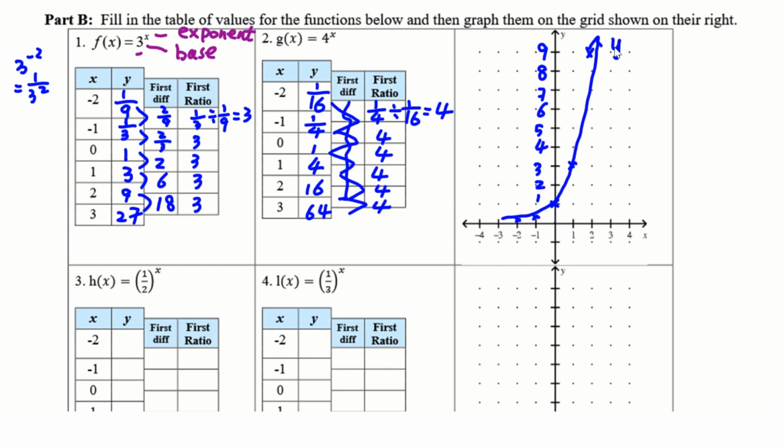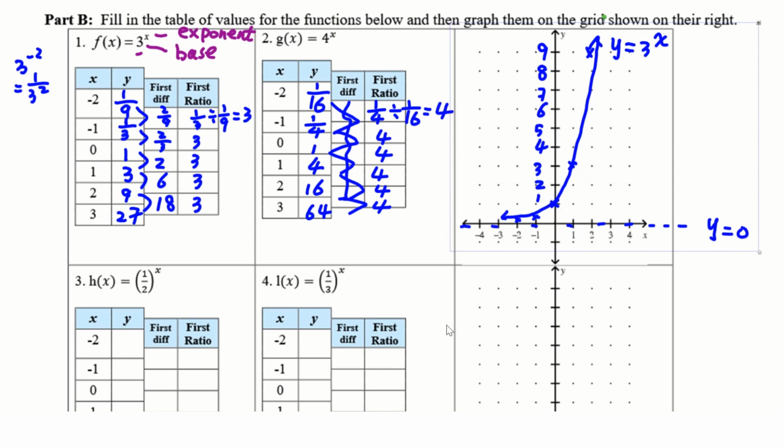So this one is y equals 3 to the exponent x. It keeps going, and also we draw the horizontal asymptote. This graph is getting closer and closer to the x-axis, but it will never ever cross it.